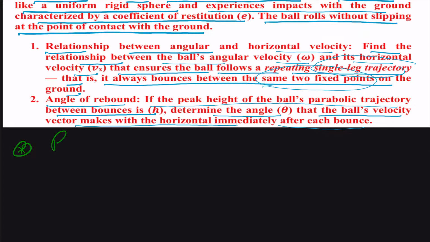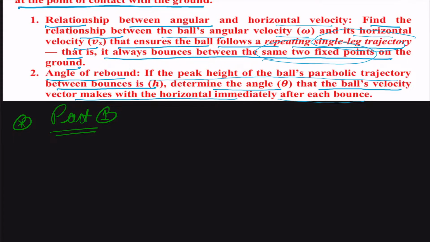Part 1 is nothing but our single leg trajectory. It means it is going to bounce between two fixed points. And let us call these two fixed points A and B. Okay.